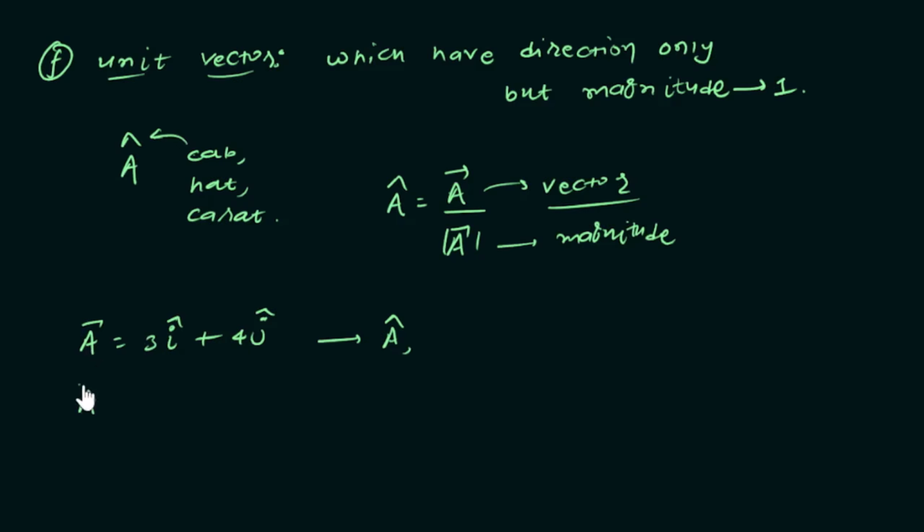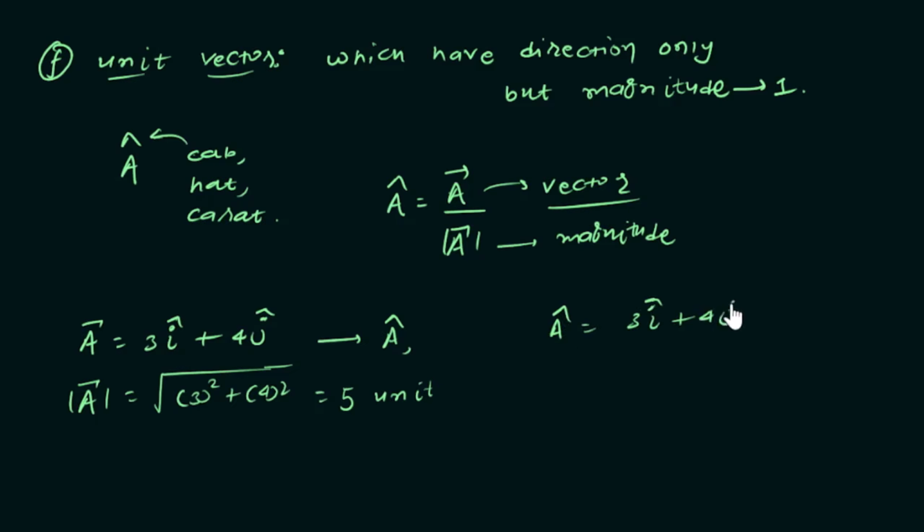So we take the square of both the components: 3 square plus 4 square, and their square root. This will be 5 units. So A cap can be given by (3 i cap plus 4 j cap) divided by 5, which is 0.6 i cap plus 0.8 j cap.